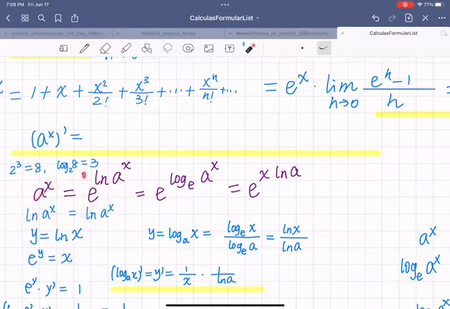Now, that guy: you have logarithm properties. The x can be pulled in front. Is this one okay? You have the log properties, so x can be pulled in front.